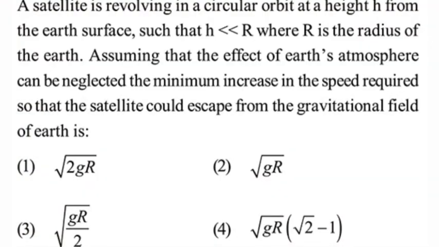A satellite is revolving in a circular orbit at a height h from the Earth's surface such that h is very much smaller than R, where R is the radius of the Earth.